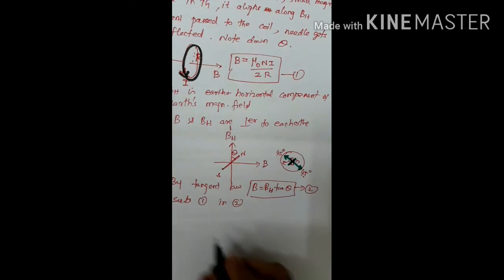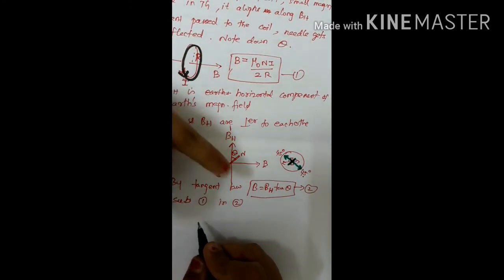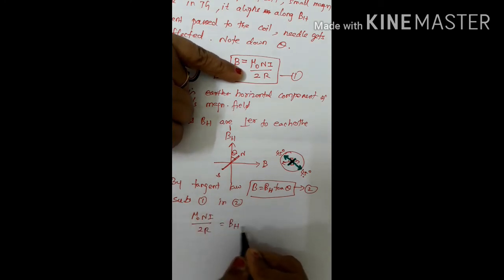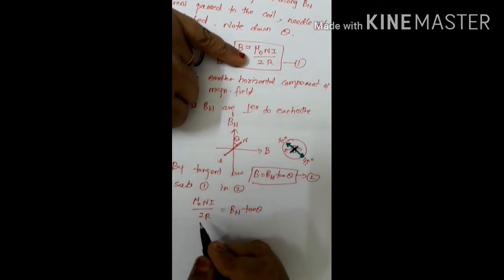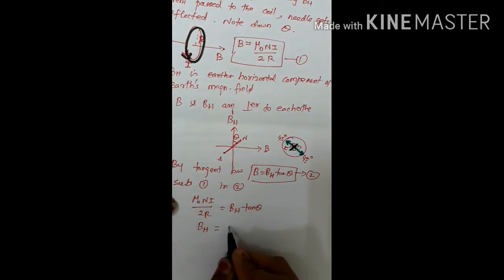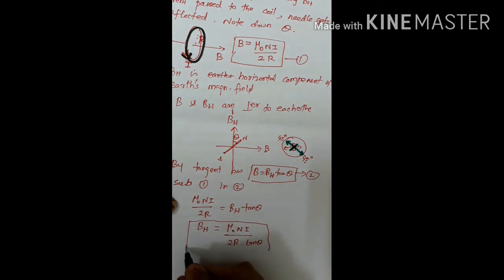Instead of B, you substitute mu naught Ni by 2r, which is equal to BH tan theta. If you rearrange to find BH, you get mu naught Ni by 2r into tan theta. So this is the formula to calculate the horizontal component of Earth's magnetic field.